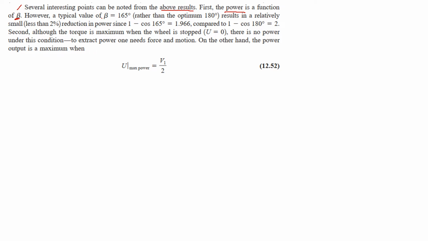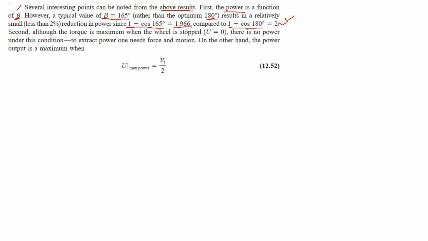However, a typical beta equal to 165 degrees rather than the optimum 180 degrees results in a relatively small, less than 2% reduction in power. Since 1 minus cos 165 degrees results in 1.996 compared to 1 minus cos 180, that is 2, the difference is not that much, so it can be neglected.